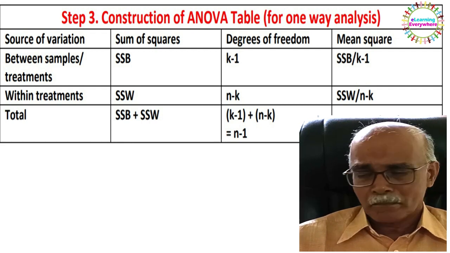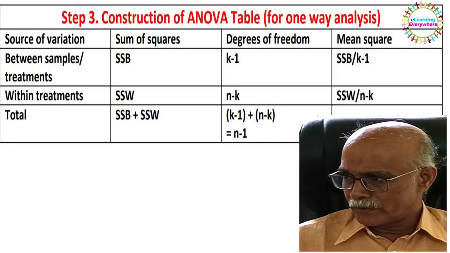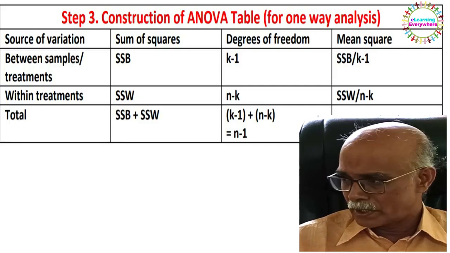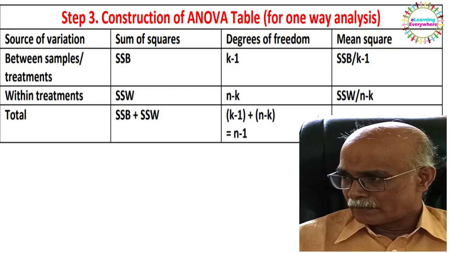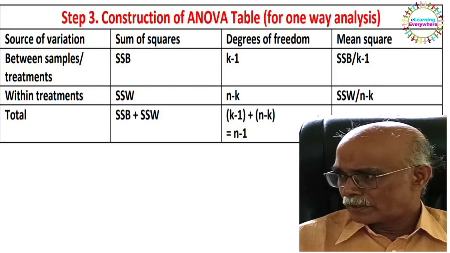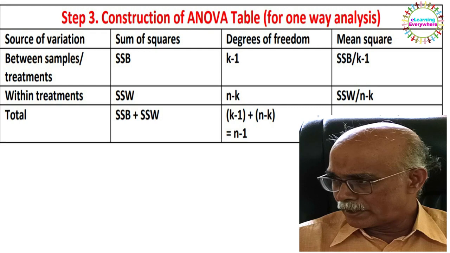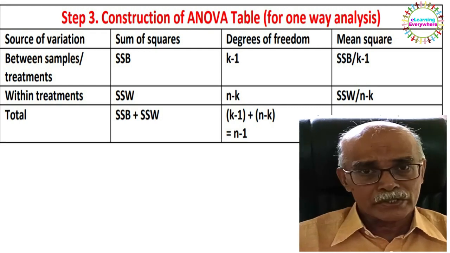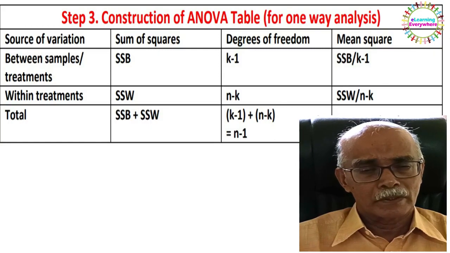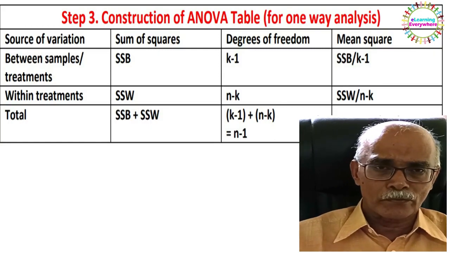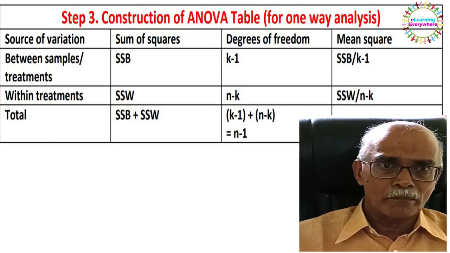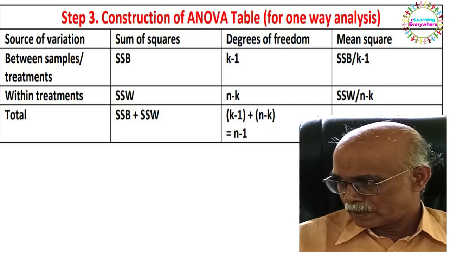And degrees of freedom, in the first case, between samples or between treatments, is k minus 1 because there are k treatments, and within treatment, degrees of freedom is n minus k. N is the total number of units of observation together, and k is the number of treatments.